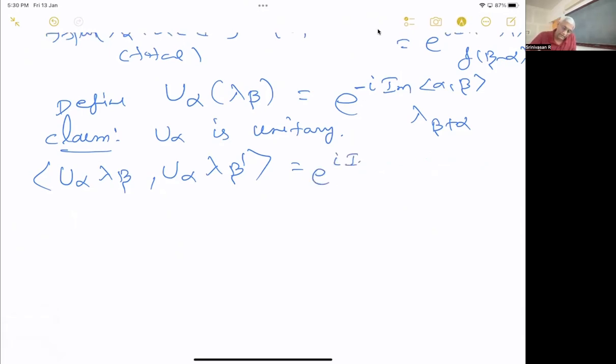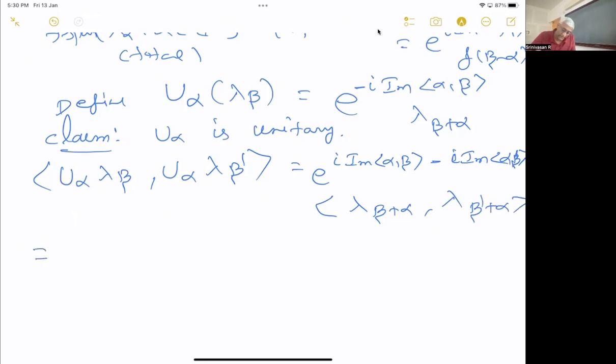I imaginary part of alpha beta. Okay, and this is linear, so minus I imaginary part of alpha beta prime. Then the inner product of lambda beta plus alpha, lambda beta prime plus alpha.